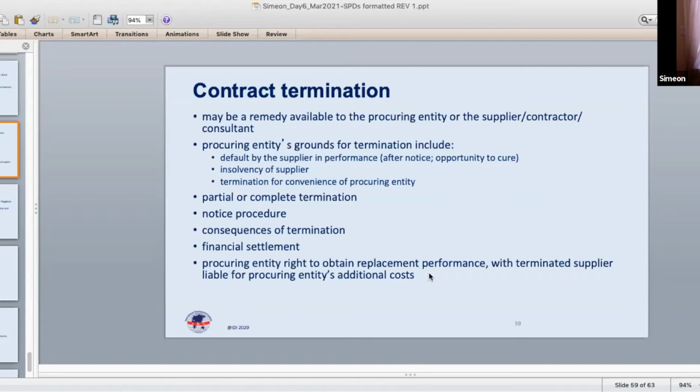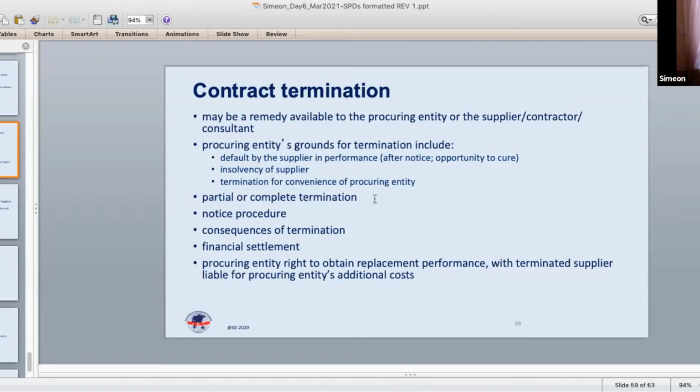Essentially, most grounds for termination of a contract are fault-based. Now there may be failure to perform. Another fault-based one is also insolvency of the contractor. That is typically a grounds for termination of the contract.